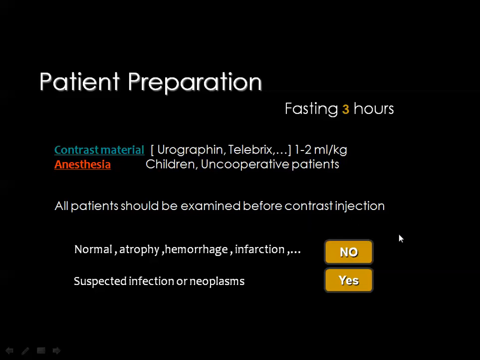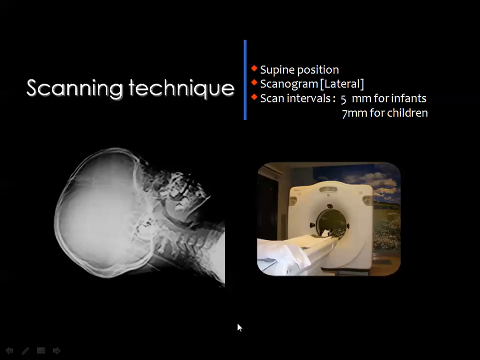Then we usually do not need to inject the contrast media whenever the brain scan is normal or we have diagnosed atrophic changes, hemorrhage or infarction. But we need to inject the contrast material whenever we suspect intracranial infection or we want to accurately diagnose some of the intracranial neoplasms.